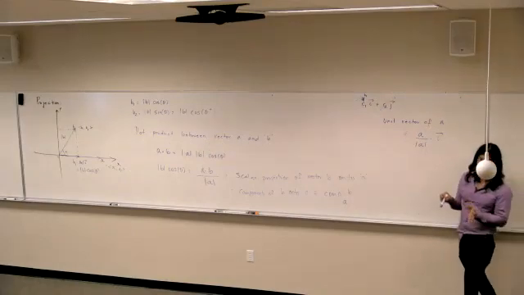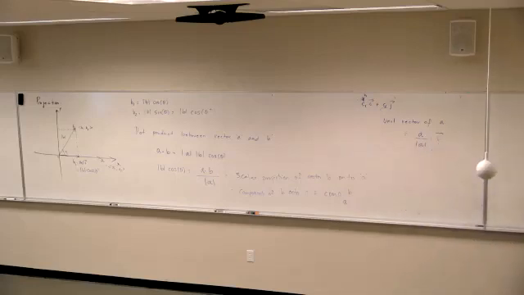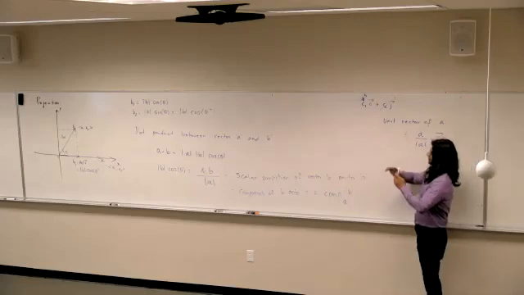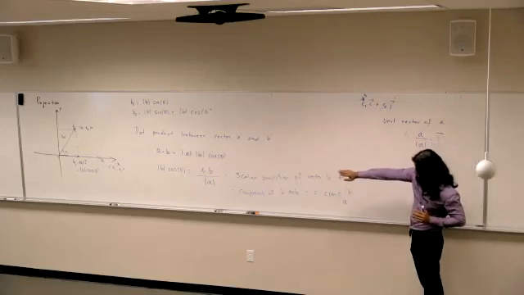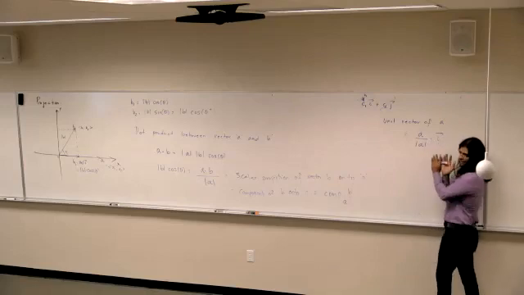Why? Any thoughts as to why? Because it equals one, so you just get the I. So what I'm saying is I can take B1 and express it in terms of this.